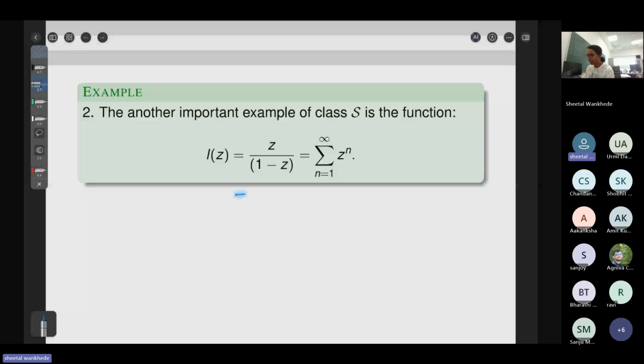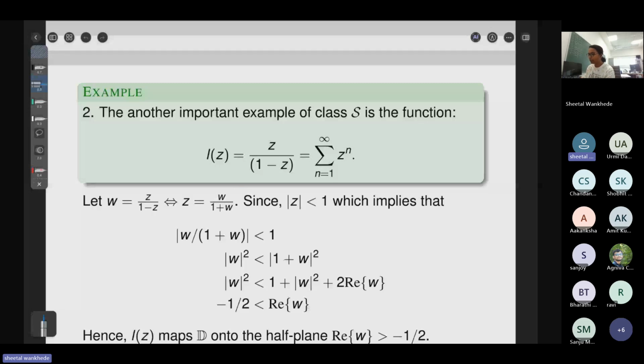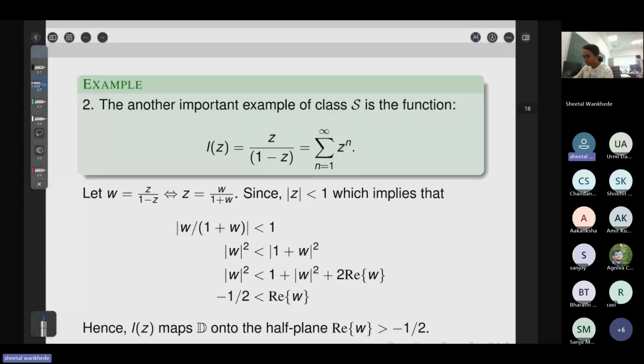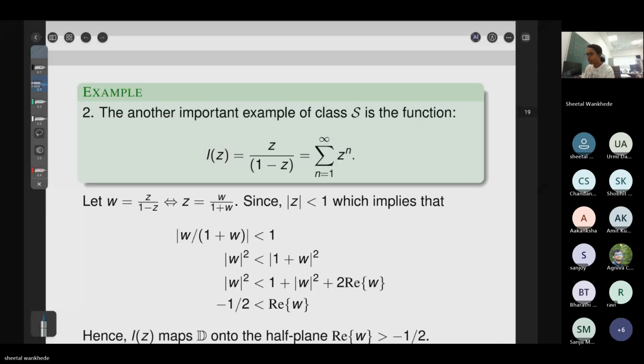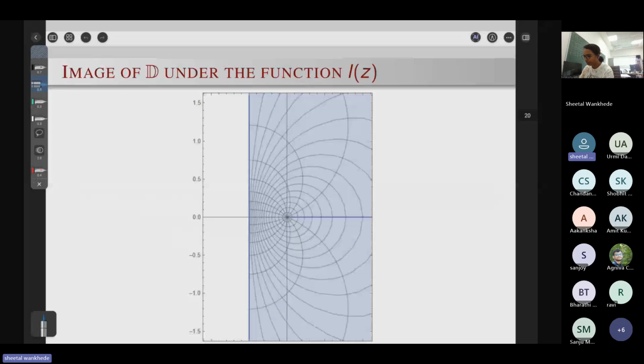Using basic complex analysis we get that the real part of w is greater than minus half. So this function maps the unit disk onto the half plane real part of w greater than minus half. This is the image of this function under the disk.